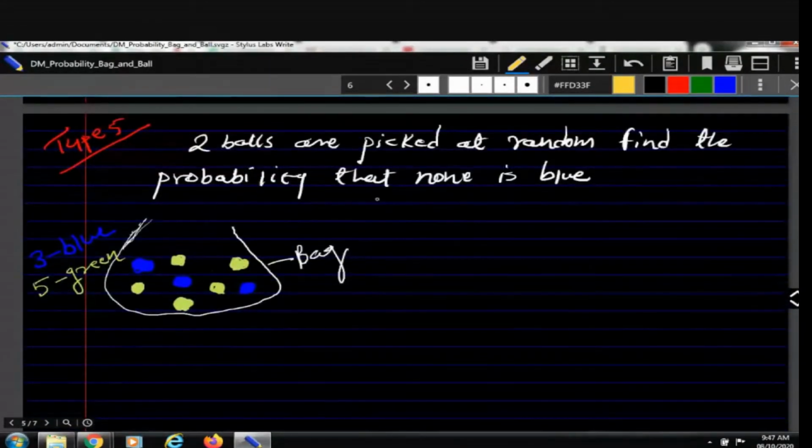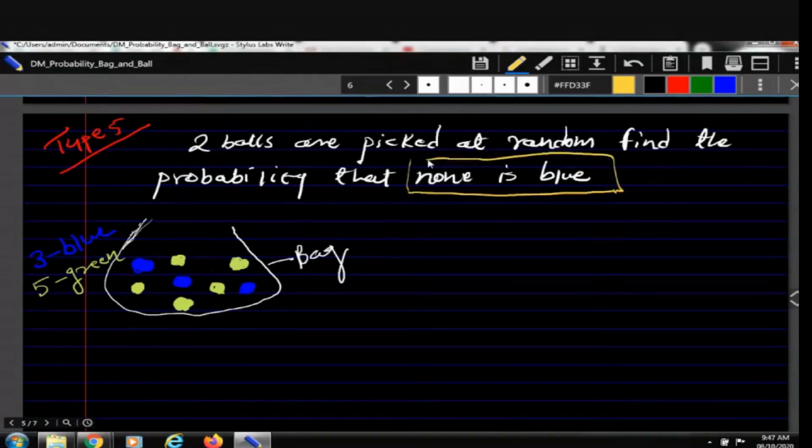Same problem with a little variation. Two balls are picked at random. Find the probability that none is blue. This one is important. None is blue. Okay, now the meaning of this: let us write the sample space is equal to 8C2 because we have to select two balls.